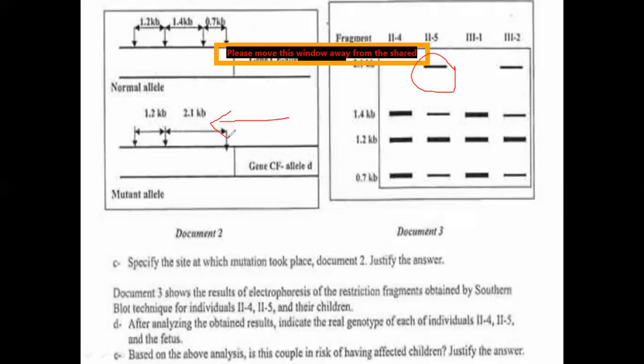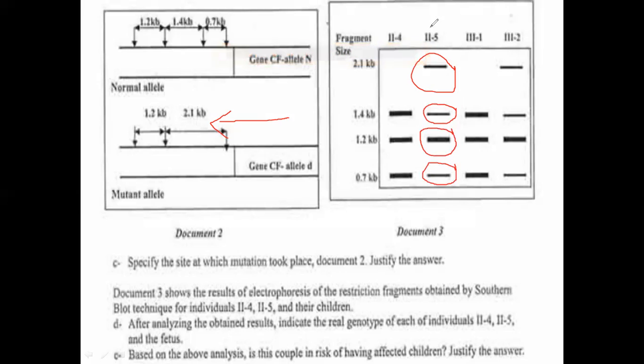For the mutants, right? So here they have the mutated allele. And they also have 1.4, 1.2, and 0.7. So what should the genotype be here? It should be ND, and here it's NN.